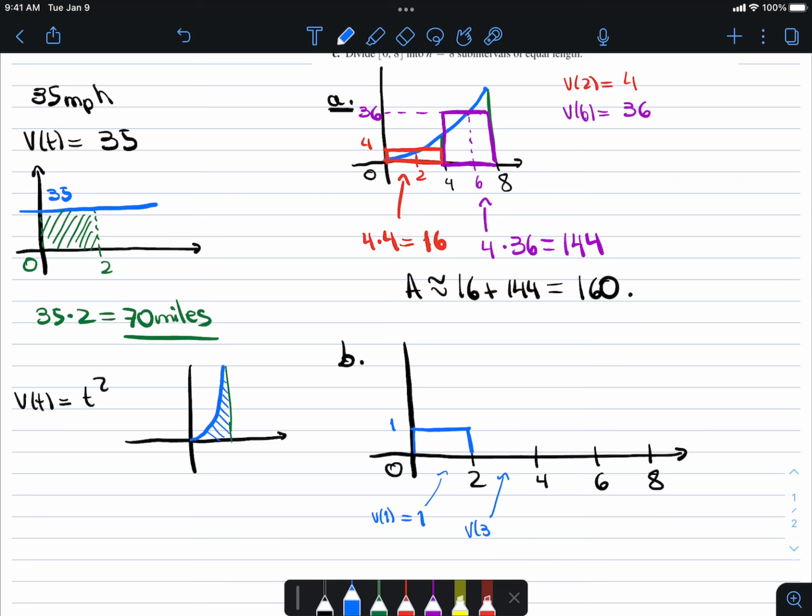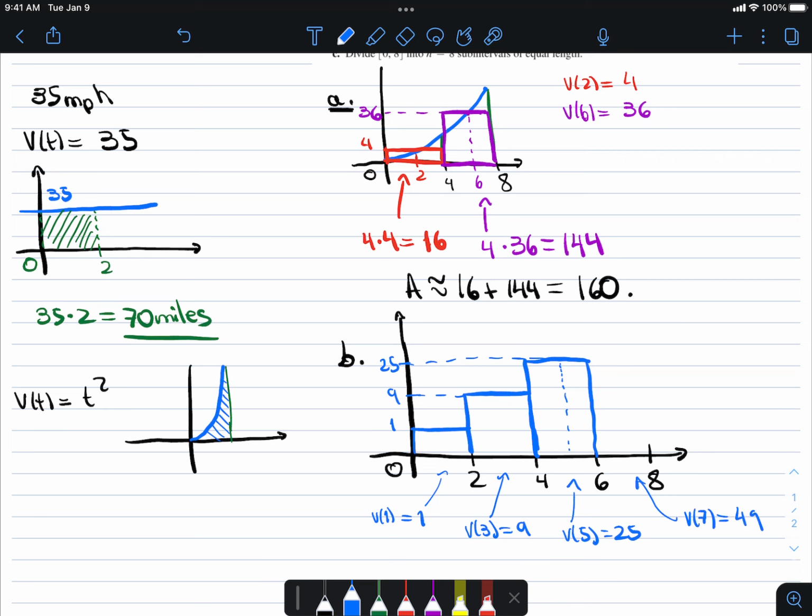Here v of 3 is 9, so here I'll do 9. Again, it's not to scale. And then here v of 5 is 25, and that's the height of my rectangle there. And then the last one would be v of 7, the midpoint, because I'm told to use the midpoint. That's 49, so that's the height.